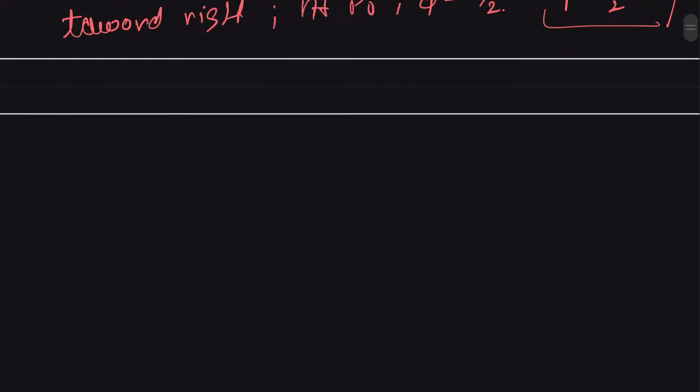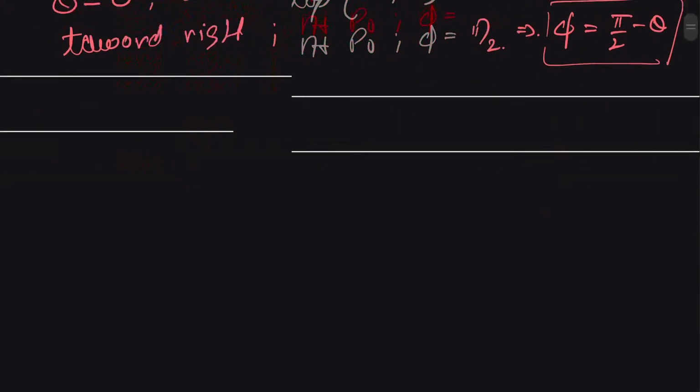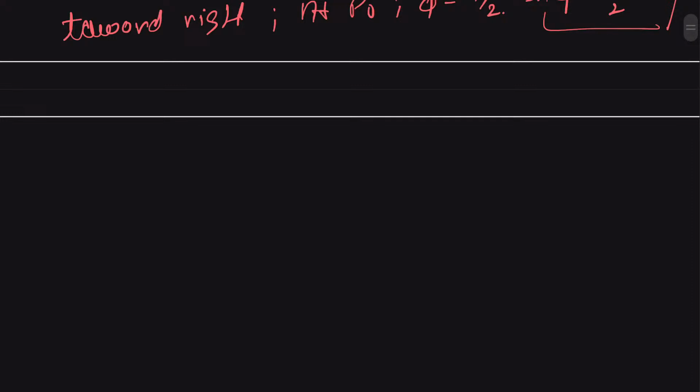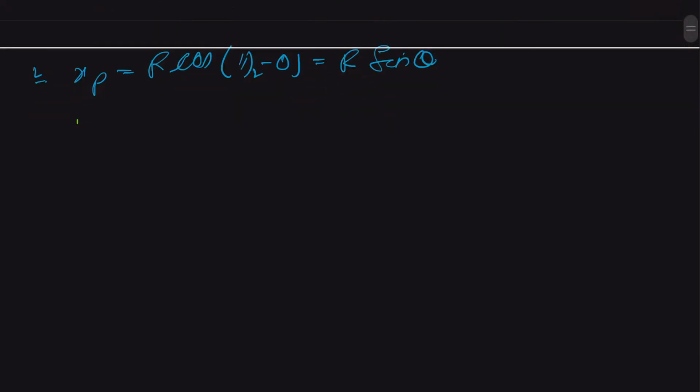From here we can get the x coordinate of point P with respect to theta as well as the y coordinate. So x of P is equal to r cos of, in place of phi we put pi by 2 minus theta, which gives r sine of theta, and y of P is r sine of pi by 2 minus theta, which gives r cos of theta.